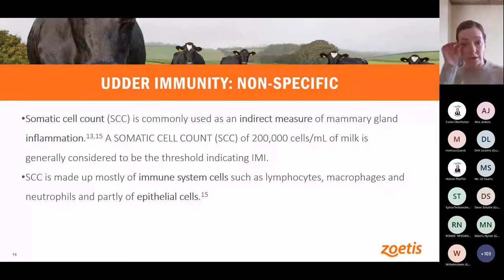Epithelial cells are the cells that line the udder that are shed, especially during the whole process of milking or during the dry period, etc. When we look at somatic cell count, usually a level of about 200,000 is considered a threshold or a balance, right? This can differ. Some countries regard 150,000, etc.